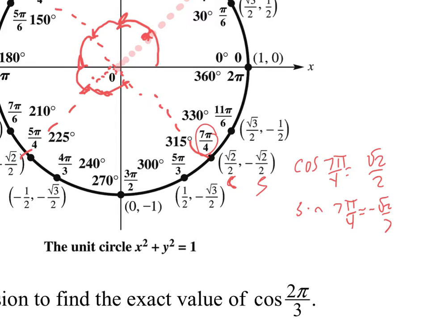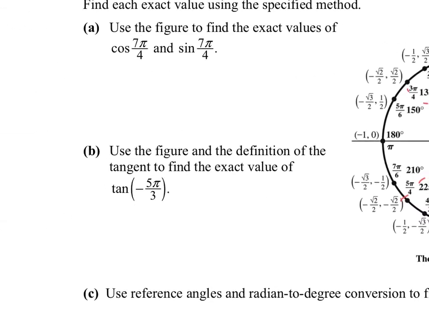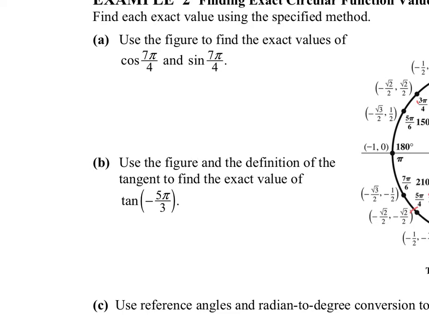Let's take a second and pretend I didn't have that picture as detailed with all these ordered pairs and everything there for me. What would I do? I'm glad you asked. I would realize that the pi over 4 is a 45-degree angle. So I could just draw it, realizing that angle's the same as that angle, meaning this side's the same as that side.